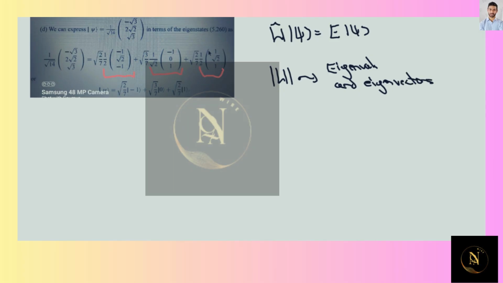In this case, since the Hamiltonian is not provided to us, the only thing that we can know is that each of these eigenvectors corresponds to an eigenvalue.